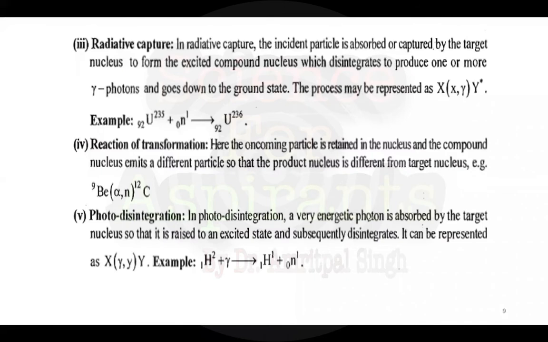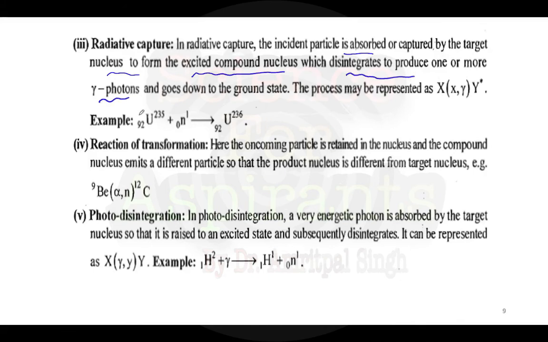The next example of a nuclear reaction is radiative capture. In the radiative capture process, the incident particle is absorbed or captured by the target nucleus, and when the target nucleus captures the incident particle it goes into an excited state, generally considered the compound nucleus, which further disintegrates to produce one or more gamma photons.